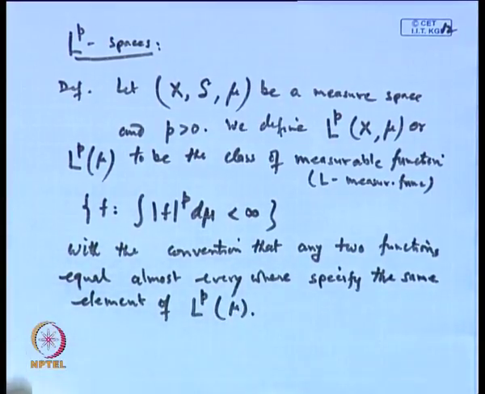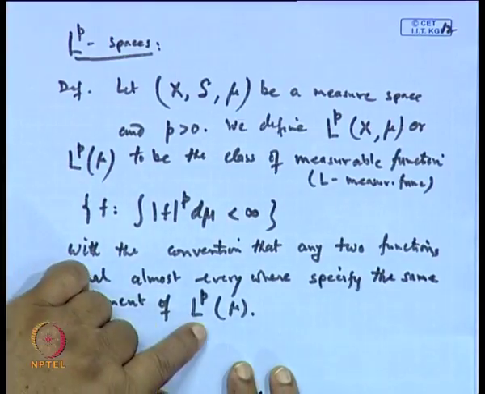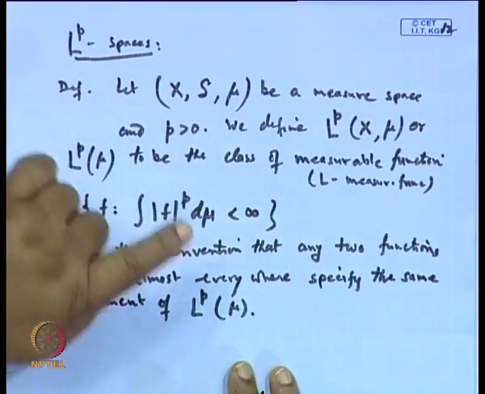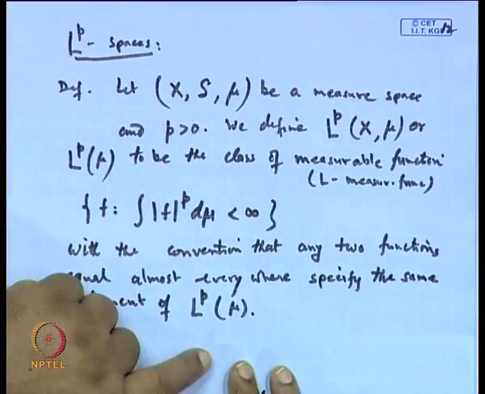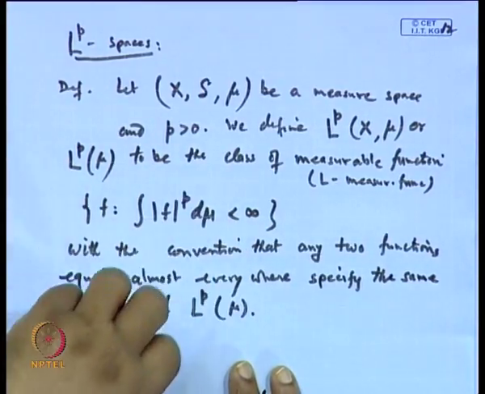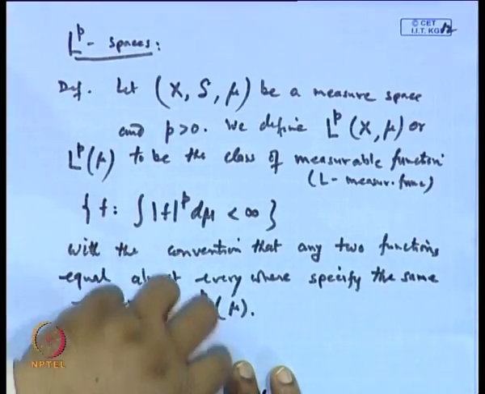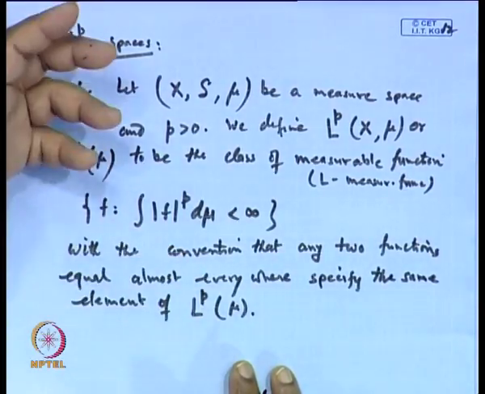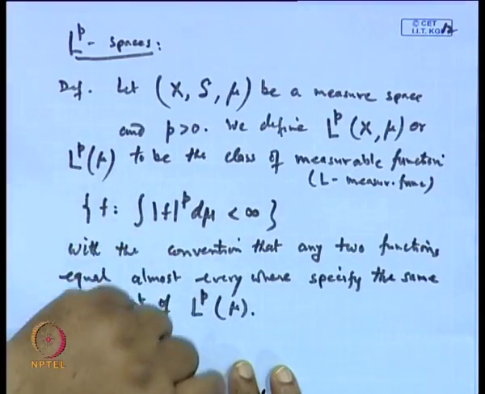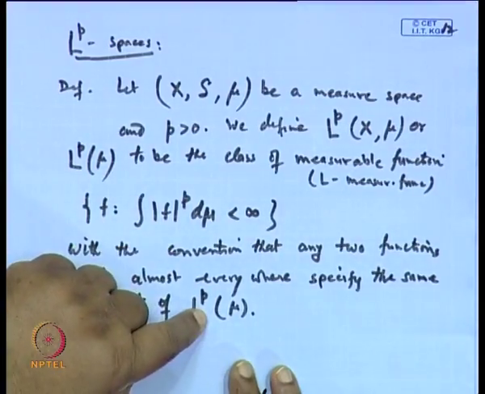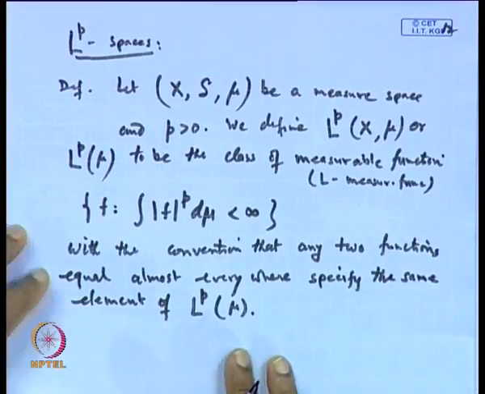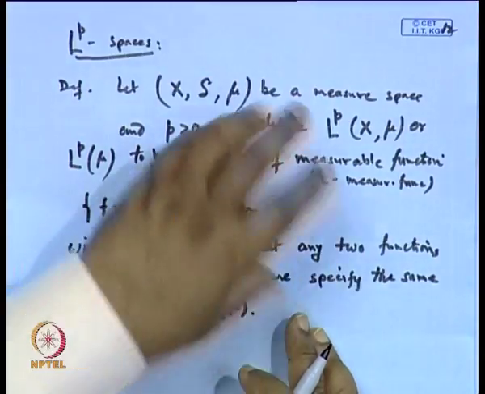What do you mean? It means that in the class L^p, we are not choosing individual functions. L^p is a class of functions such that in each class the elements are equal almost everywhere. Say for example, if we take the 0 element of L^p(mu), it means the class of those functions where f equals 0 almost everywhere. Then the collection of such classes, we are denoting by L^p.